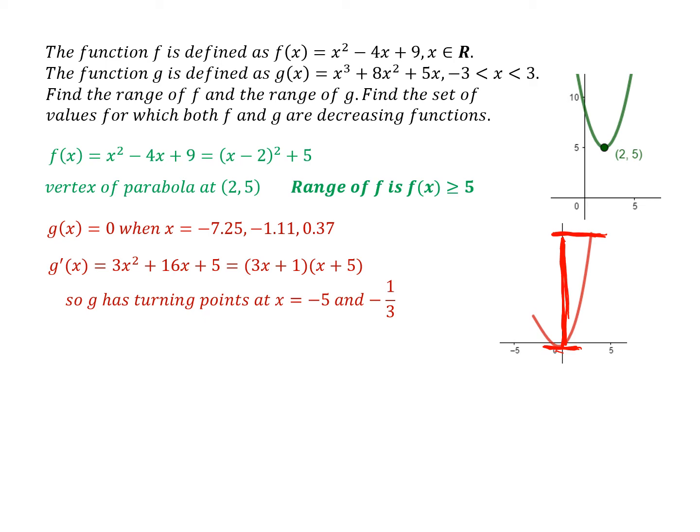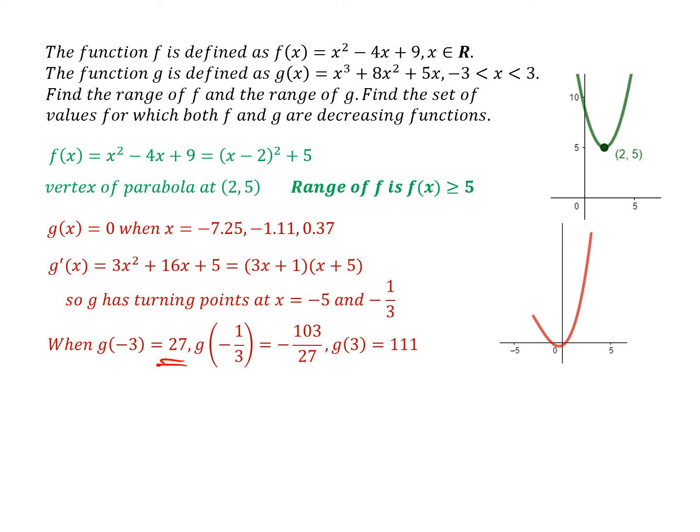So that means that if we look at the figures, at minus 3, g of x is 27. At minus a third, g of x is minus 103 over 27. And when x is 3, g of 3 is 111. So we've got 27 here on the y-axis, 111 here on the y-axis, and minus 103 over 27 there on the y-axis.